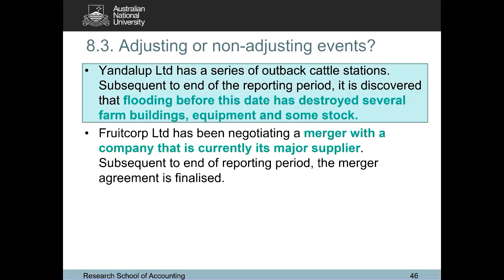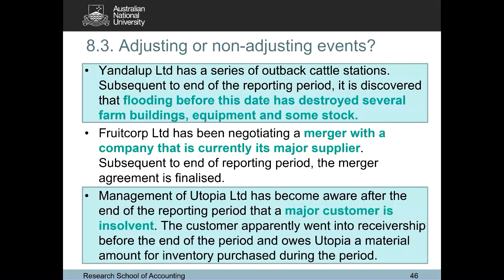Why non-adjusting? Remember what you have disclosed, what you have recognized. You recognize nothing when you were in discussion of the merger, right? Because during the merger, you could have 10 other bidders. So you probably never estimated anything, then you have nothing to adjust. So this is not adjusting, okay?